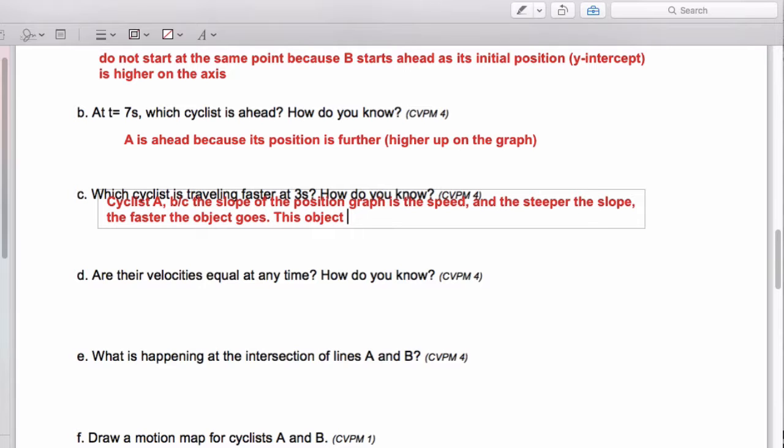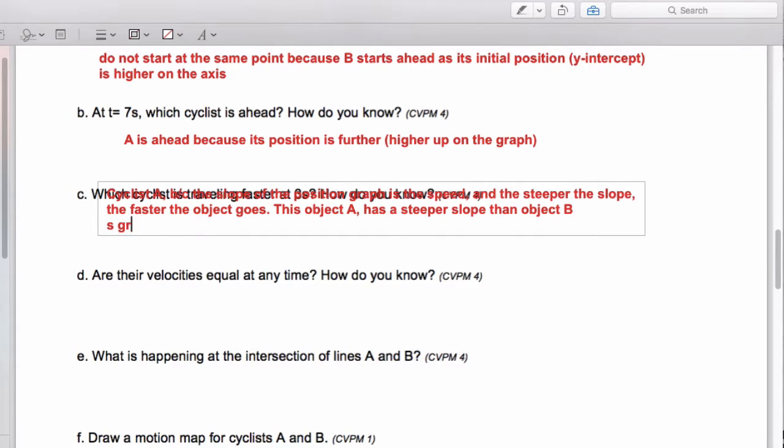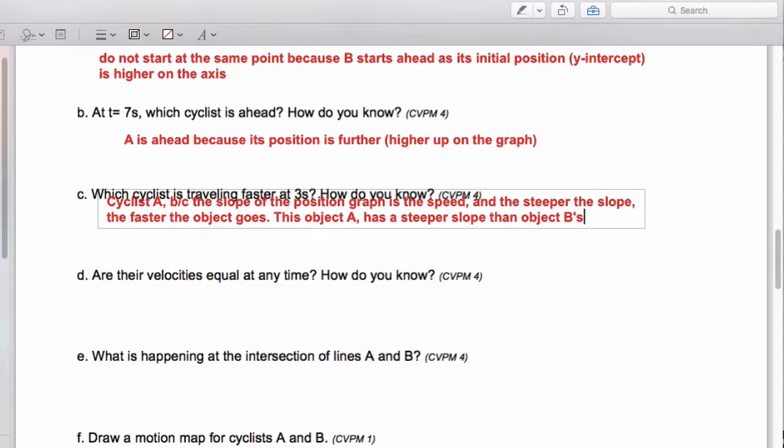This object, A, has a steeper slope than object B's graph.